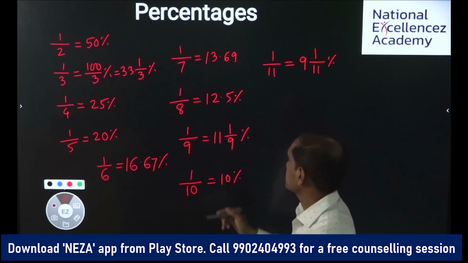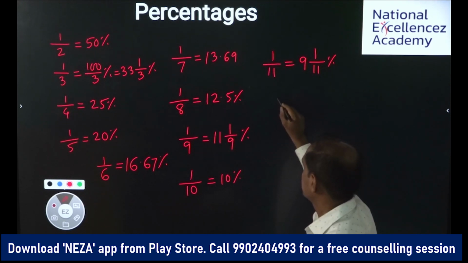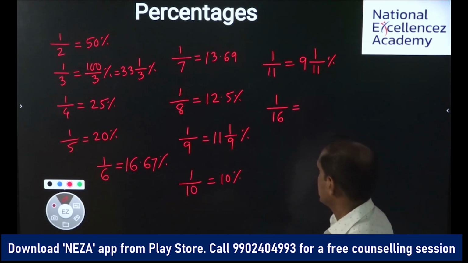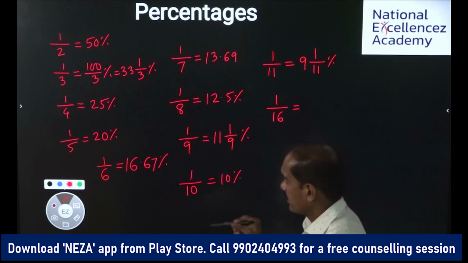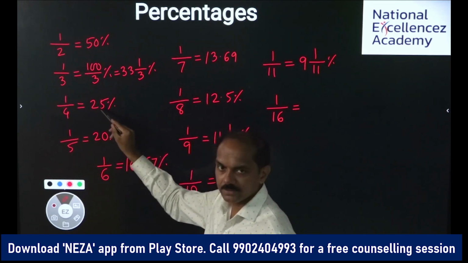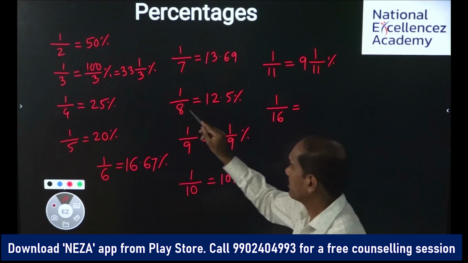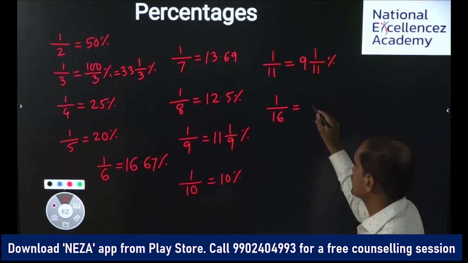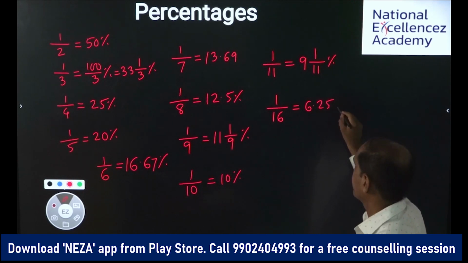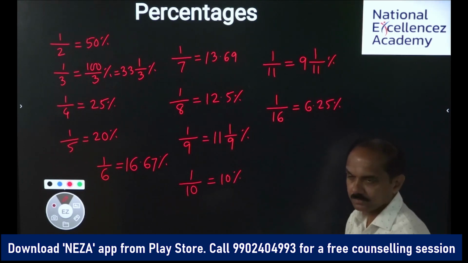Okay. Then 1 by say 16. 1 by 16 is how much? See, 1 by 4 is 25%. Its half will be 1 by 8, 12 and half. Its half will be 1 by 16, which is 6.25%. Right?